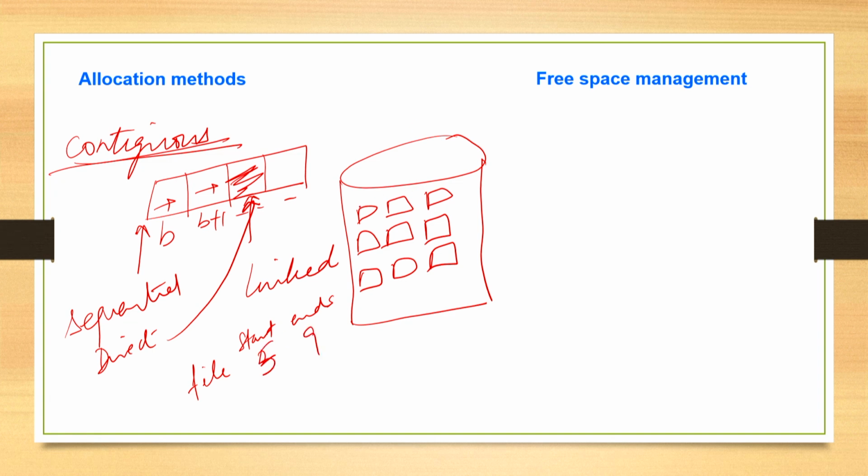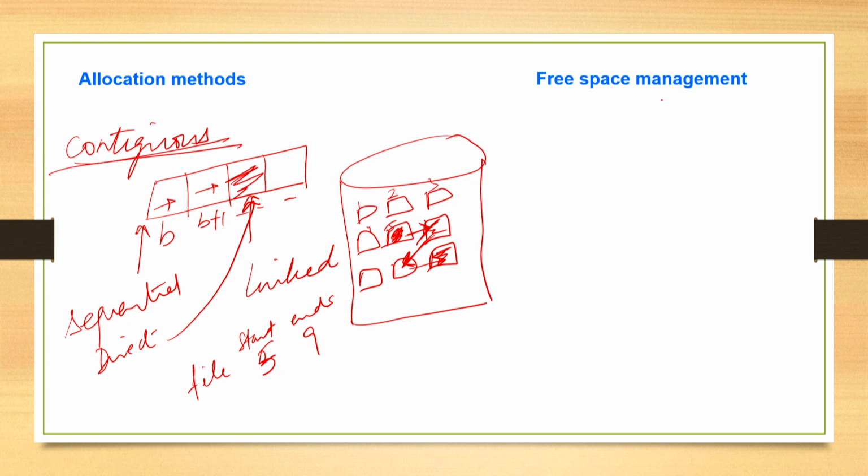So it is 5, 6, 7, 8 and 9. From here it will start, then it will point to, suppose next is 6, then next is 8, and then 9. So this was the link, meaning it contains the address of the next location where the data is stored. So this is the way in which the file is allocated or stored.